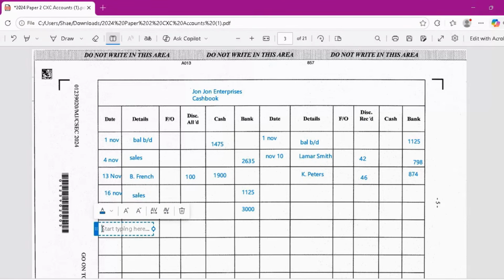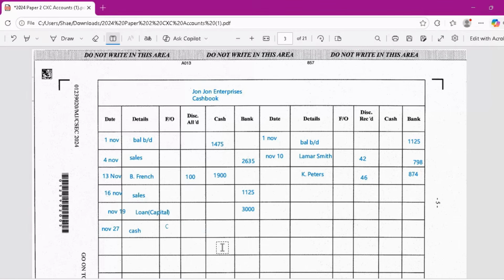So for November 27, the bank account, as we said, is going to be increasing on the debit side. So it's going to be the cash account that is in the details, and the folio will be a contra entry.